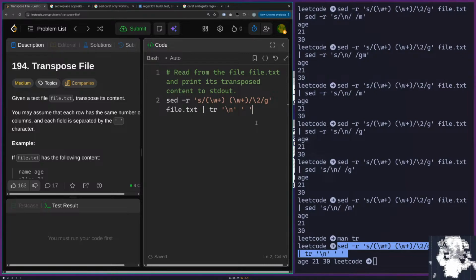Because what I was thinking is to have a loop that does this with 1 and then 2 and then 3 and then 4 and then 5, and have an extremely long regular expression that has as many capturing groups as there are columns in the file.